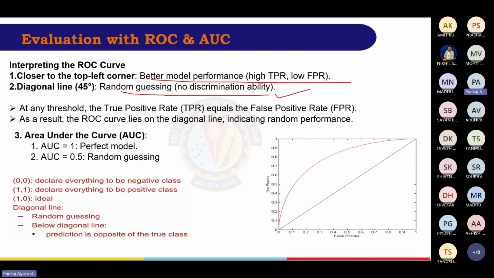You do not have discrimination ability, so you cannot discriminate among the classes. At any threshold, the true positive rate equals the false positive rate. As a result, when the ROC curve lies on the diagonal line, it indicates random performance. So the perfect model would be this, and this would be the random guess.